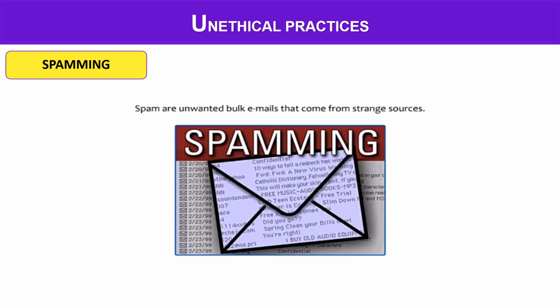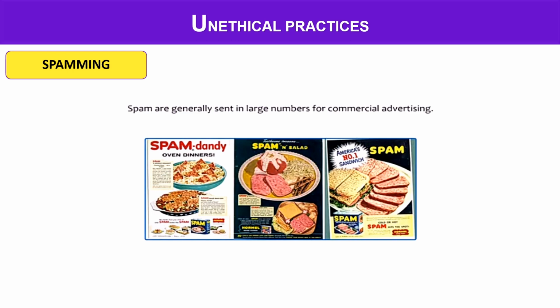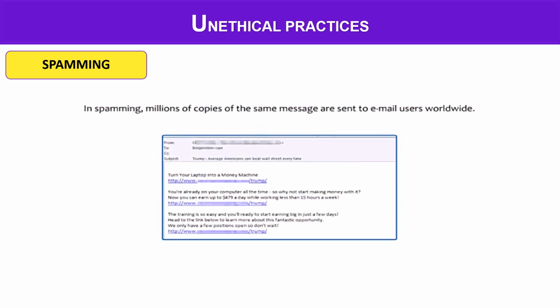Spamming. Spam is unwanted bulk emails that come from strange sources. Spams are generally sent in large numbers for commercial advertising. In spamming, millions of copies of the same message are sent to email users worldwide.